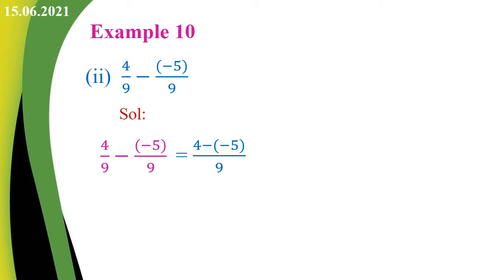We get 4 minus 5 by 9. Here minus into minus is plus. Both signs in between hide a multiplication sign. So we get a positive sign. 4 plus 5 by 9. We can add it. 4 plus 5 is 9. We get 9 by 9. Now cancel it. We get 1.